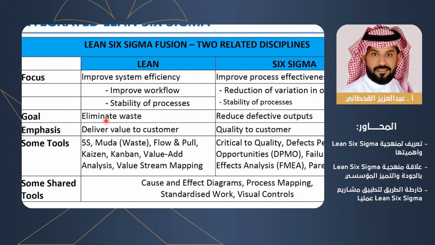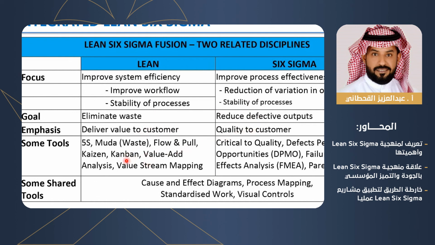In Lean, we have to eliminate the waste if we can, or at least reduce it to the minimum possible. For Six Sigma, we are looking at defects. And for emphasis, both are looking from the customer perspective, Lean and Six Sigma. All the values here and there are just for the customer perspective.